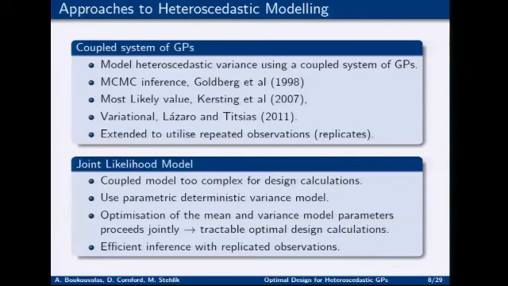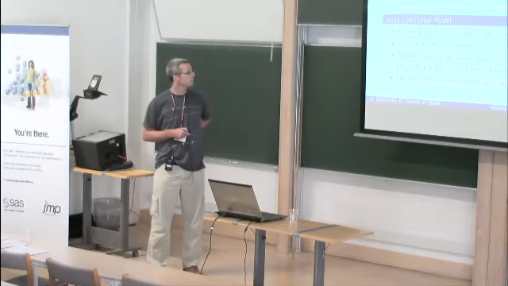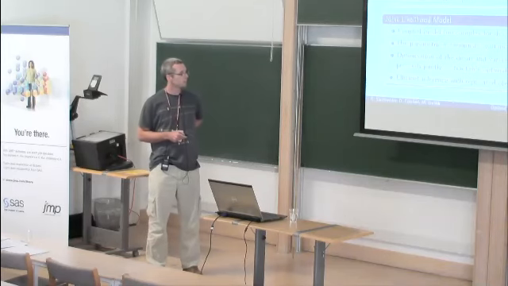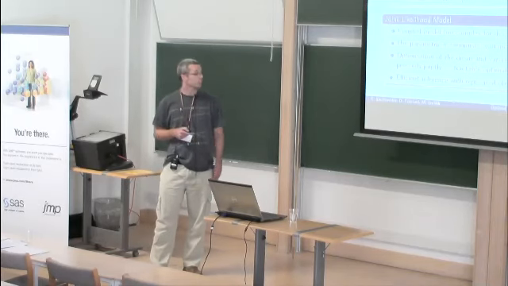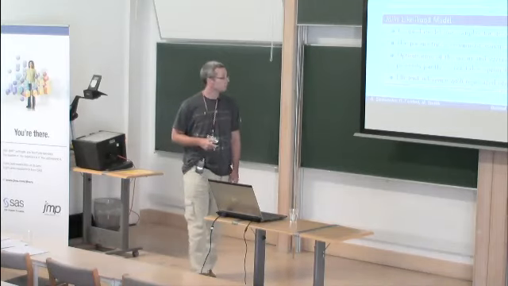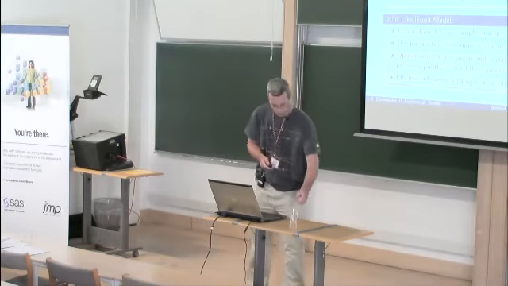We basically drop the Gaussian process for the variance and we substitute a parametric deterministic variance model. And now the optimization of the mean and variance model parameters can proceed jointly. You can write a single likelihood and things are much simpler and your optimal design calculations are tractable. And again, we can do efficient inference with replicated observations in this context.